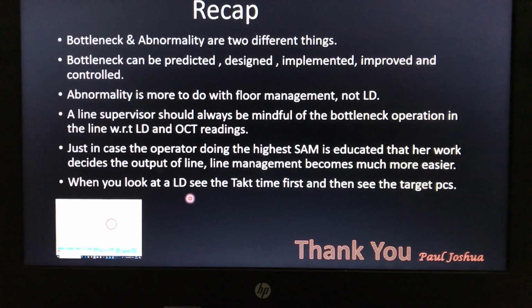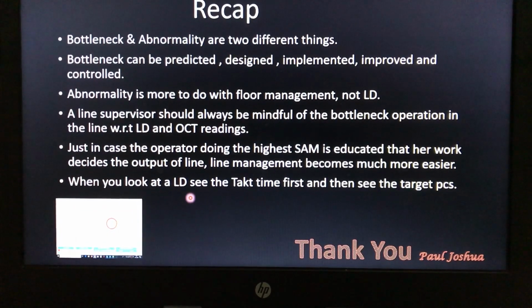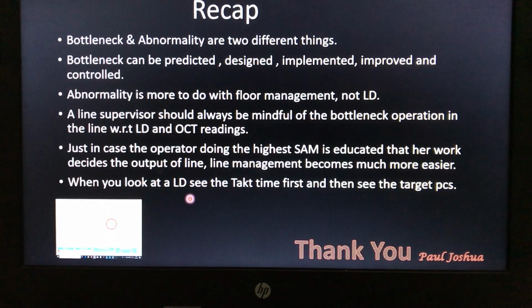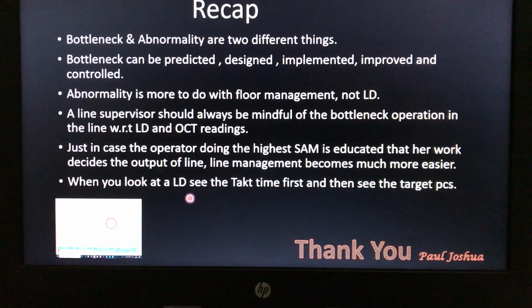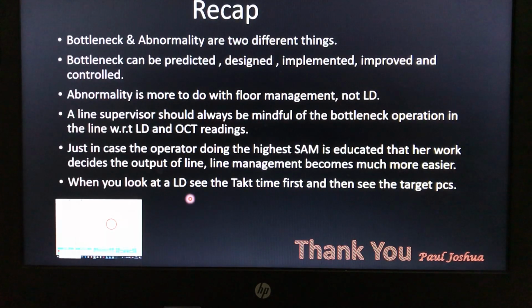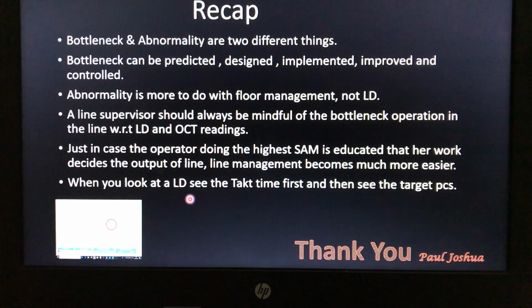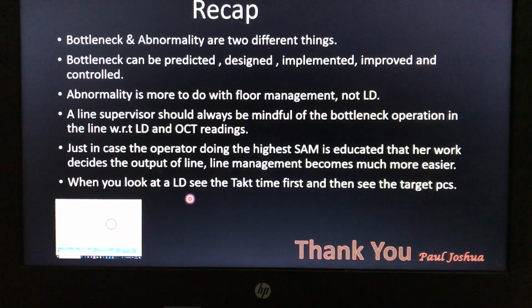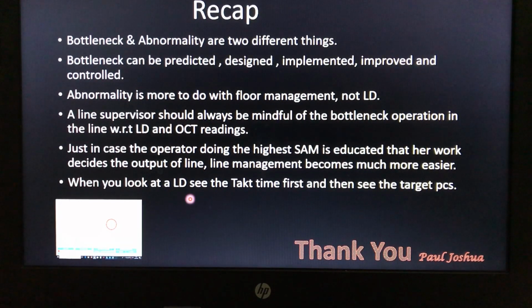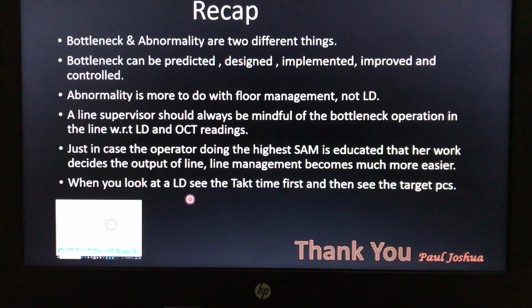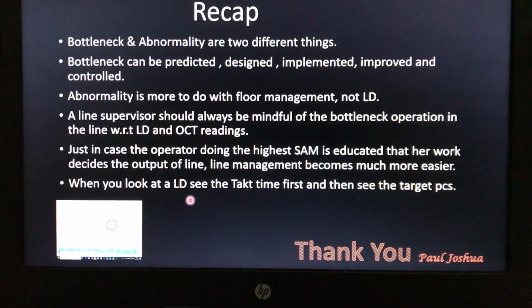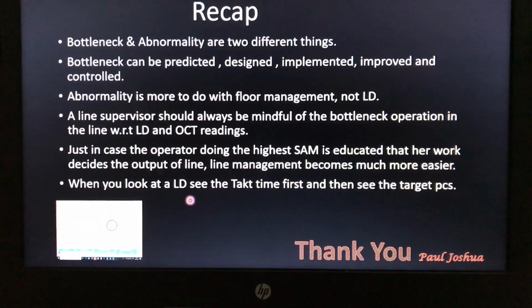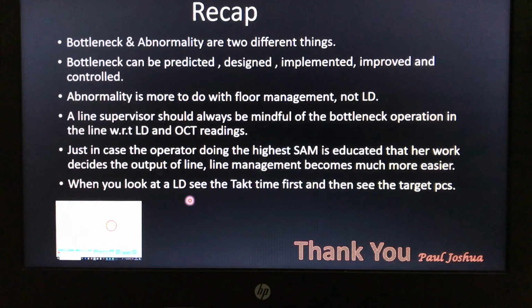Rather, when you see a line design, before seeing the number of pieces to be produced, look at the takt time. Look at the operations which are very close to the takt time. Look at the operations which are way below the takt time. By doing so, you will have an idea how to go about implementing line design, how to achieve design efficiency.